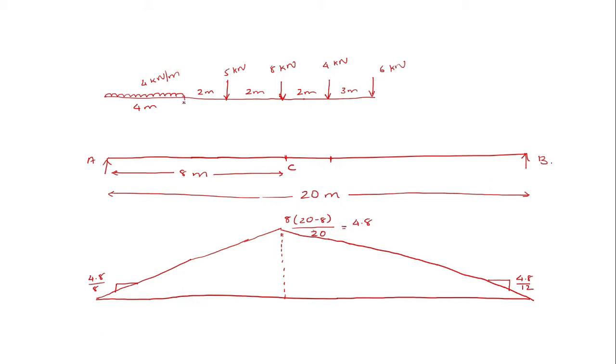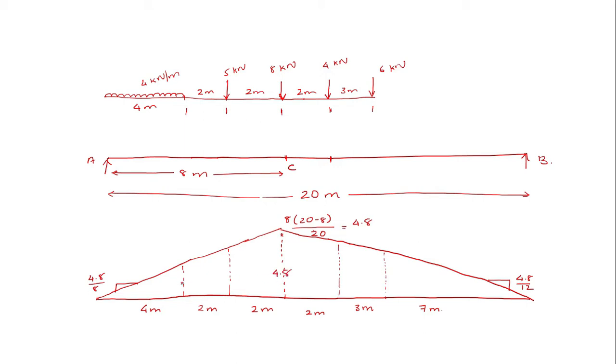Now I need the corresponding ordinates at different points, say at this corresponding section here, at this point, etc. So let me first draw the ordinates. Now write the distances here. 4 meter, then I have 2 meter, 2 meter, 2 meter, 3 meter, then lastly 7 meter, and this corresponding ordinate is 4.8.